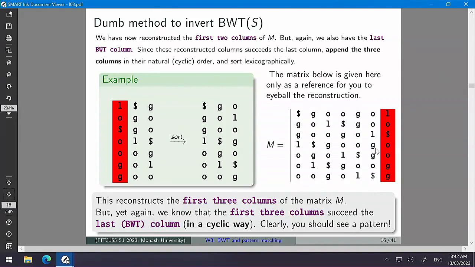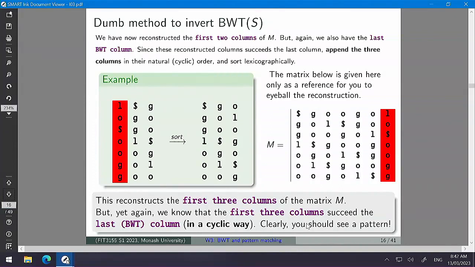I'm recovering 1-gram, 2-gram, 3-gram, 4-grams, all the way to n-grams, if the size of the string is n. The result of this naive method is that I'm going to recover the entire cyclic permutation matrix, not just the string. If the string is of length n, including the dollar, I'm going to get n squared letters, right?